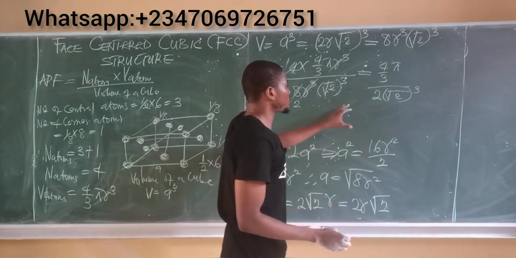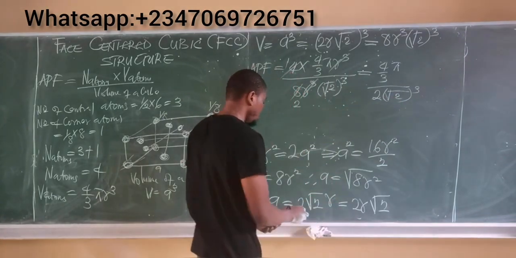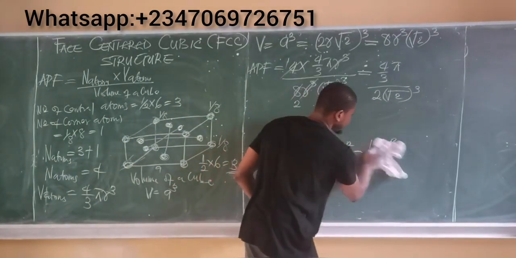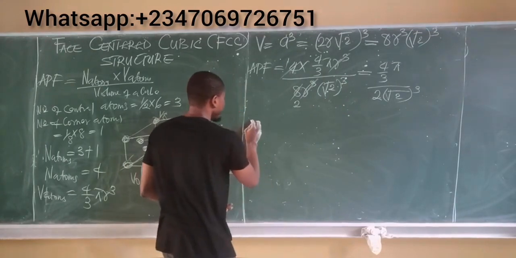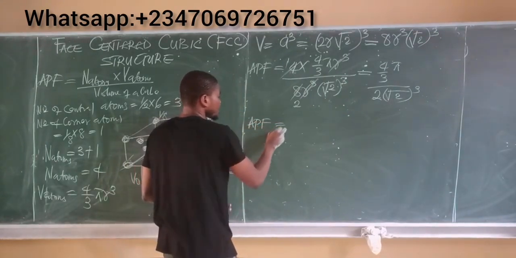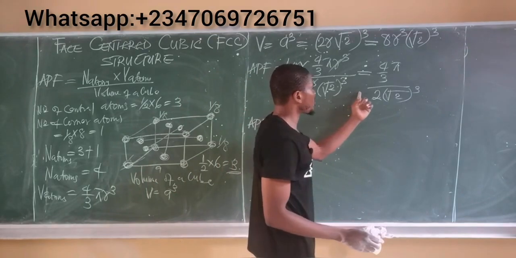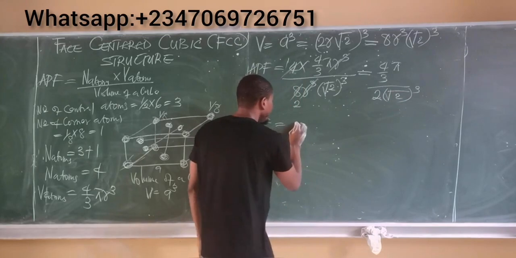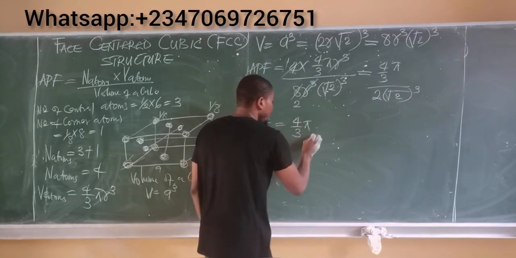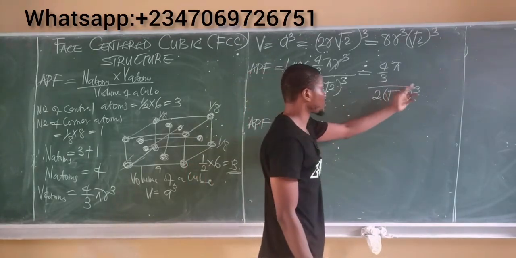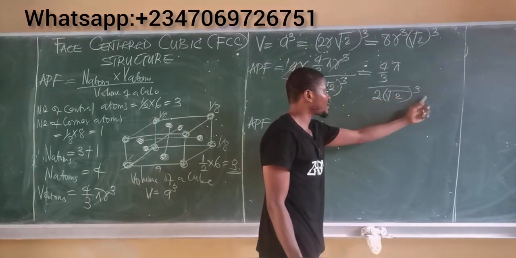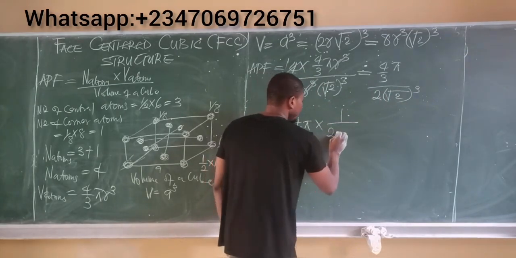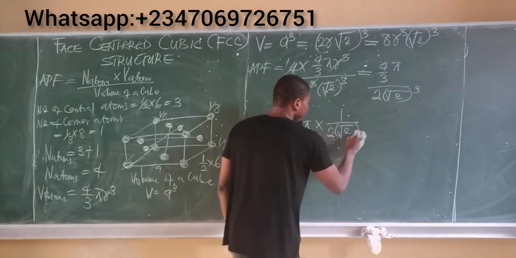Okay, so you might wish to expand this value at this point, or you can still proceed to solve, but I choose to proceed to solve here. All right, so atomic packing factor, APF, is now equal to, at this point I need to convert this division to multiplication. I simply employ my BODMAS. I will simply have 4 all over 3 pi, multiplied, converting this now to multiplication, and I have to now invert this denominator. It becomes 1 all over 2 root 2 to the power of 3.